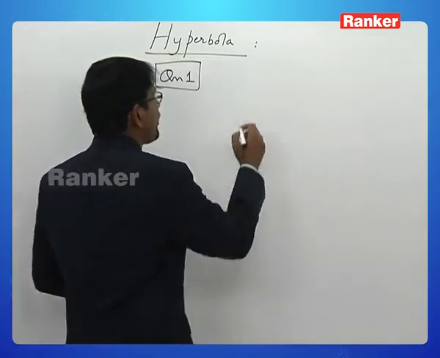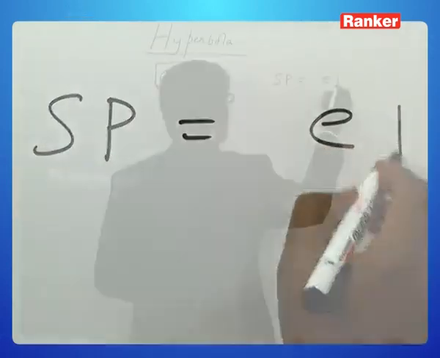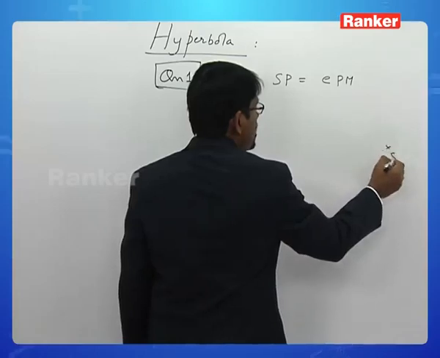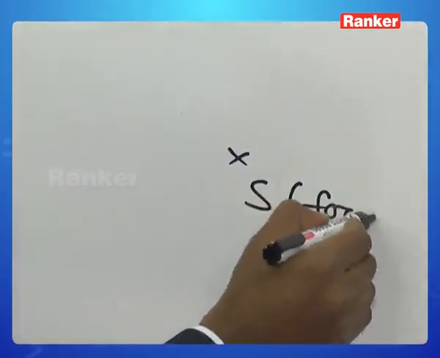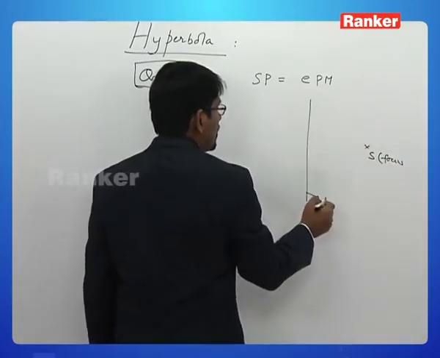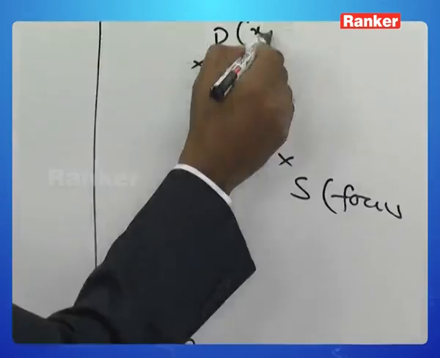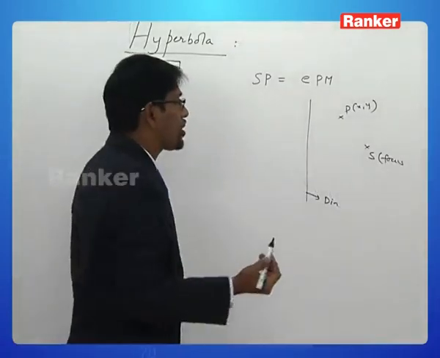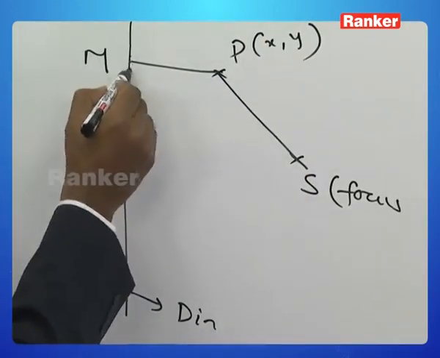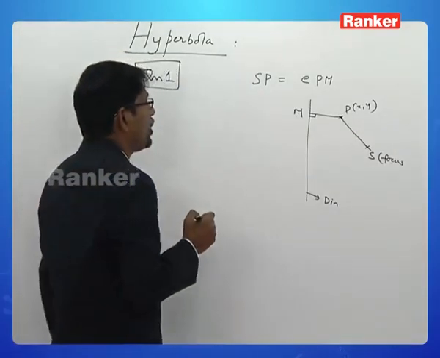So here SP is equal to E times PM, where S is the focus, the fixed point, and suppose you have the directrix. P is a point on the conic section, SP is equal to E times PM, where PM is the perpendicular distance from P to the directrix.